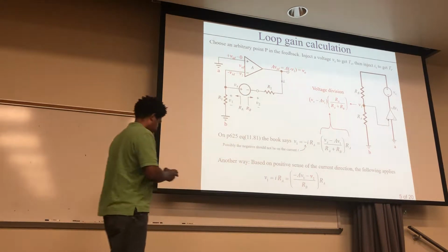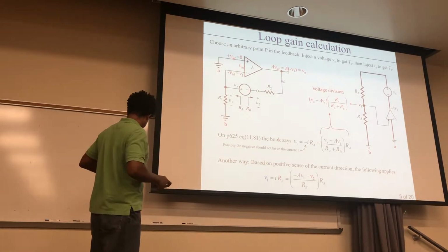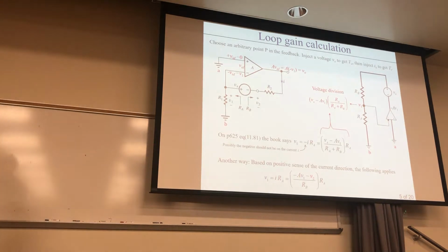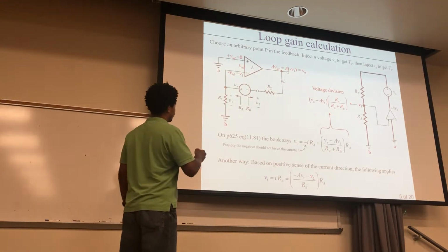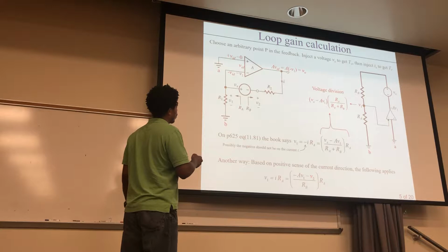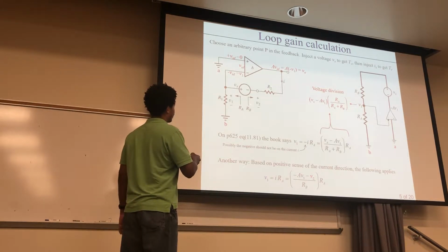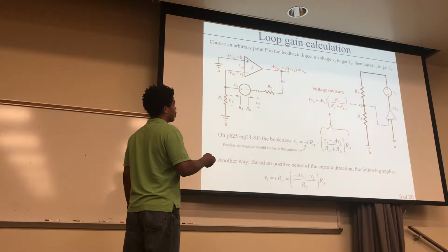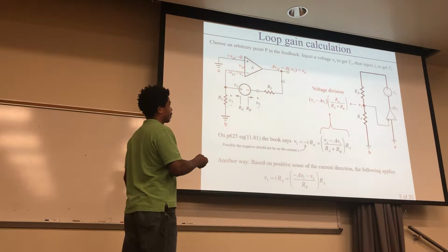Even if you follow this path around and say, you're going through R2 first, or in this case RB, the voltage you're really concerned with is V1.